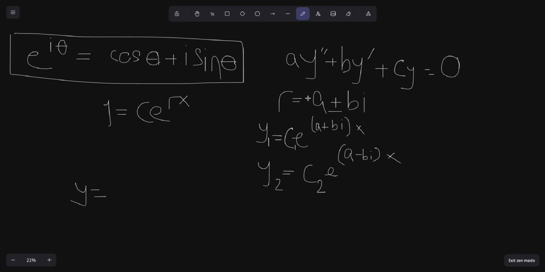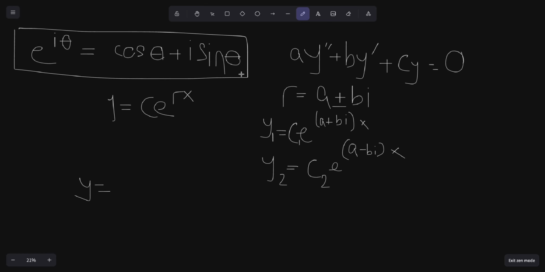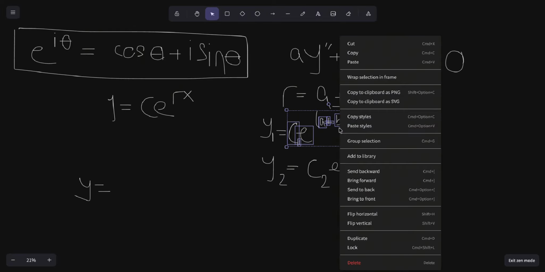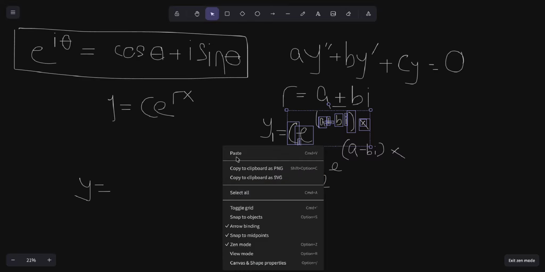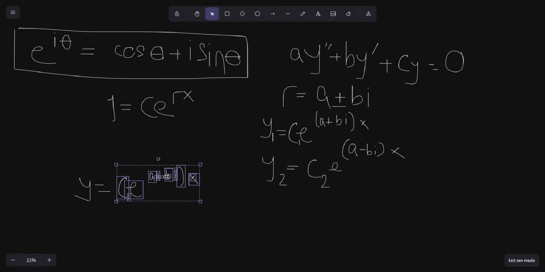It comes straight from our r value. One is going to be plus, the other is going to be minus. And so recall that the overall solution is just going to be the sum of these two solutions. Just copy, paste. Yes, this does generalize for complex numbers. That's the cool thing about this.